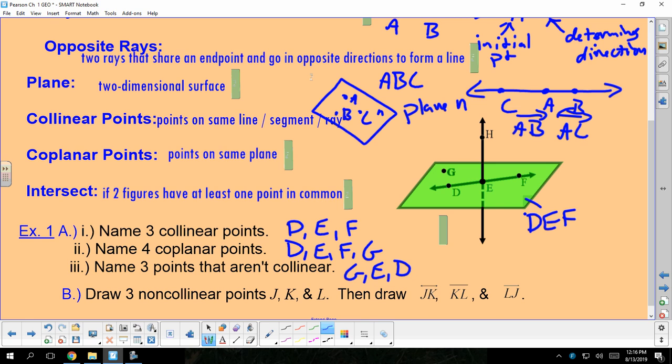And if they're collinear, they could be any plane if we rotated along that line. So this would not suffice as defining that plane. However, we could define this plane as plane GED or GEF. That would work, because those are not collinear, so they form that triangle that can define that plane.